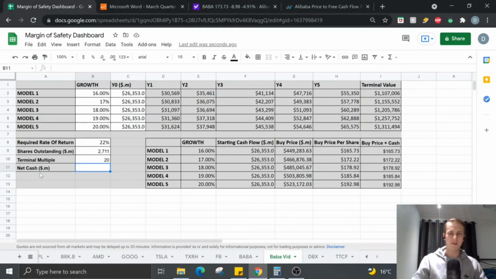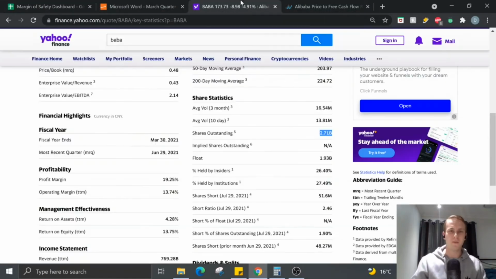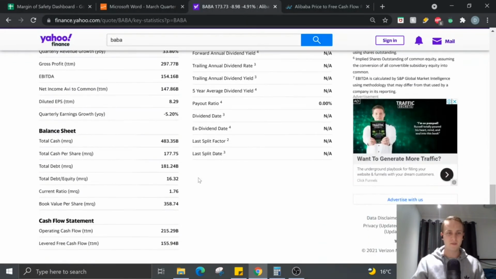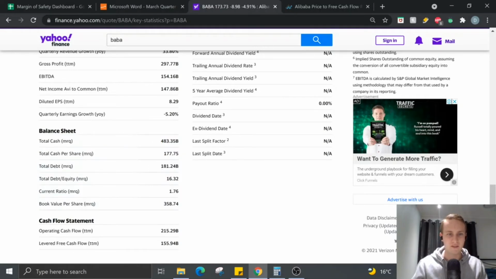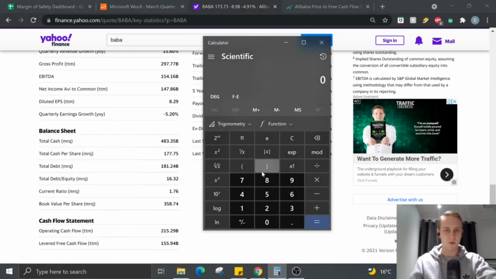And then finally, we need a net cash. So if we jump back over to Yahoo Finance, we can see that Alibaba's net cash is listed here, and the total cash is listed here, and the total debt is listed here. So what we want to do is we want to minus one from the other.